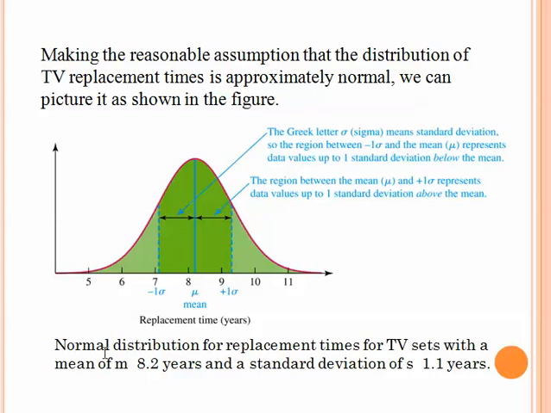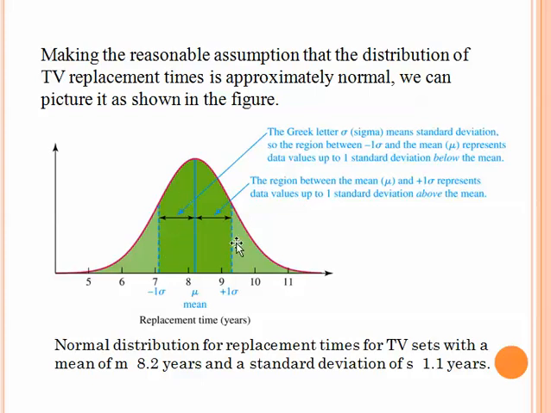As I said, the normal distribution for the replacement times for TVs has a mean of 8.2 years. The mean is the central line right here in the middle of the normal distribution. And the standard deviation is 1.1 years.